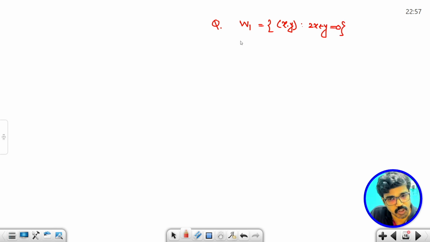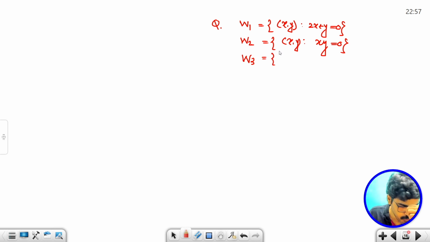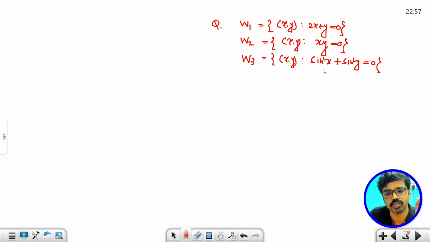Okay, next one, suppose W2 is {(x, y) such that xy is equal to 0}. Next, W3, suppose {(x, y) such that sin²x plus sin²y is equal to 0}.